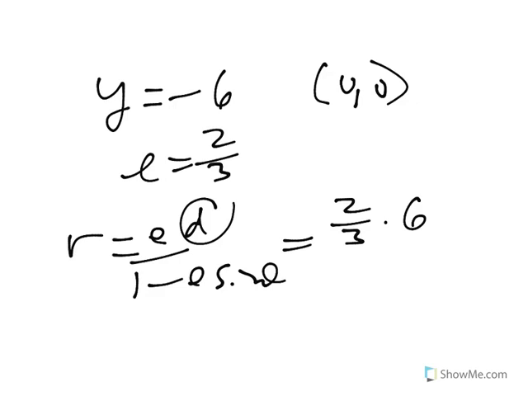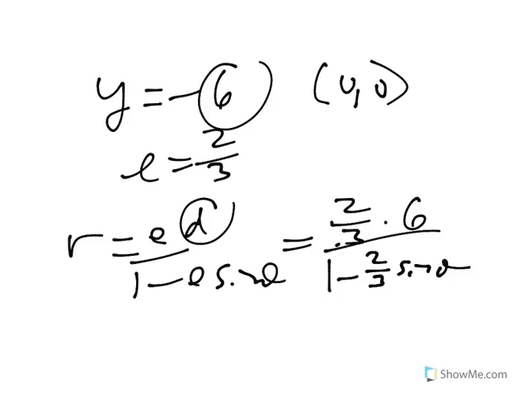D was the position of the directrix. This number. So 2/3 times 6 over 1 minus 2/3 sine theta. 2/3 times 6 is 4. 4 over 1 minus 2/3 sine theta.